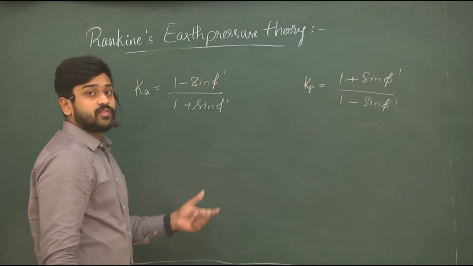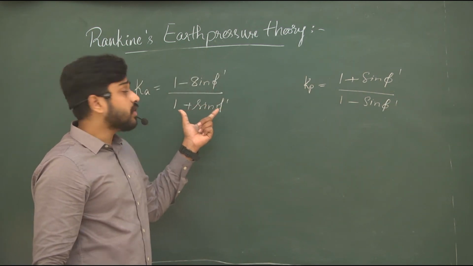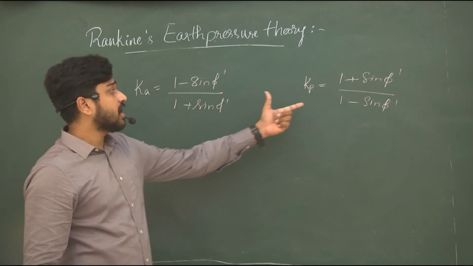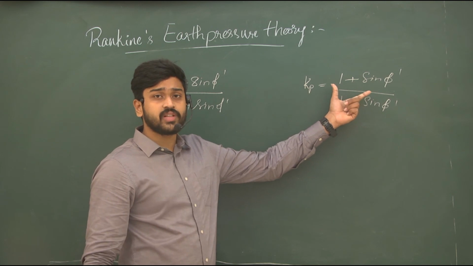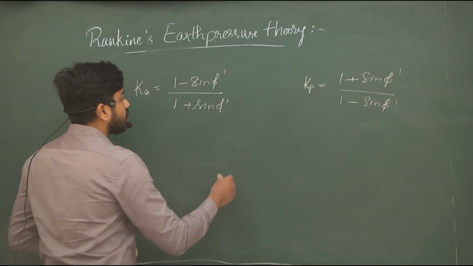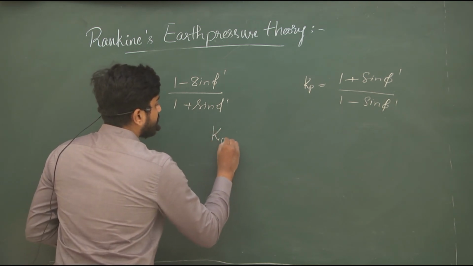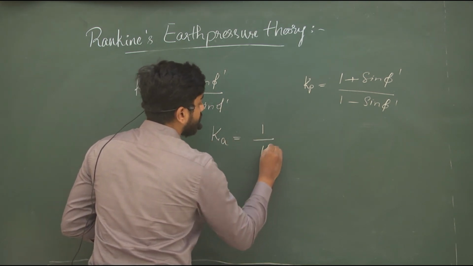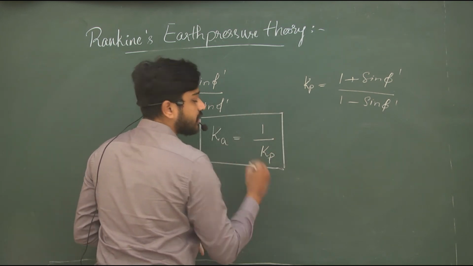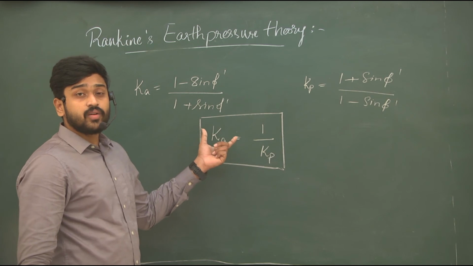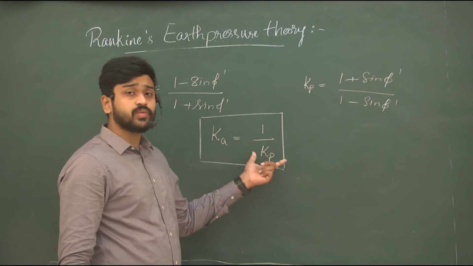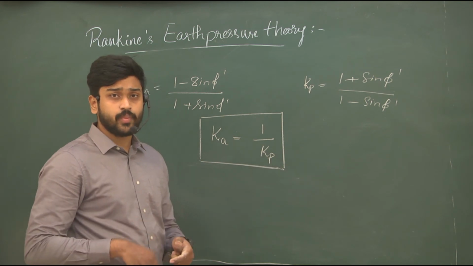If you look at these two, I can simply state that Ka is equal to 1 by Kp. That means your coefficient of active earth pressure and passive earth pressure are inversely proportional.